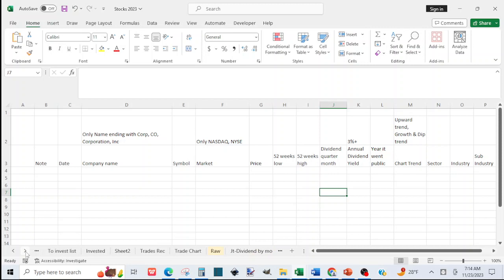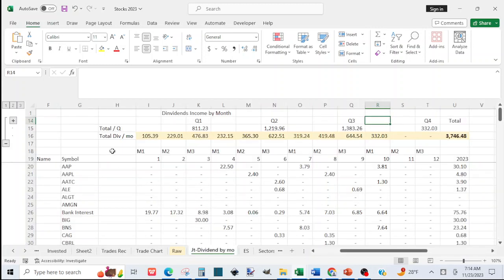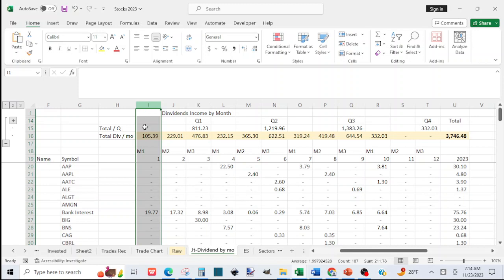Because you want to see if you will need to invest more in those stocks that pay dividend during that month of a quarter, then that will come into play, knowing that, oh, those are the companies that pay dividend within this quarter.